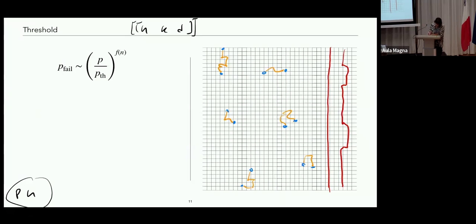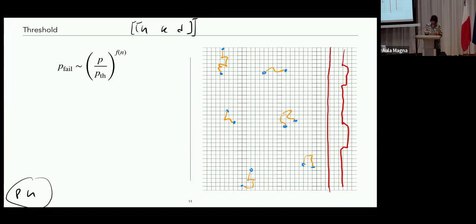And this is the idea that allows us to prove that some good codes have a threshold in general, and also to understand what a threshold is.